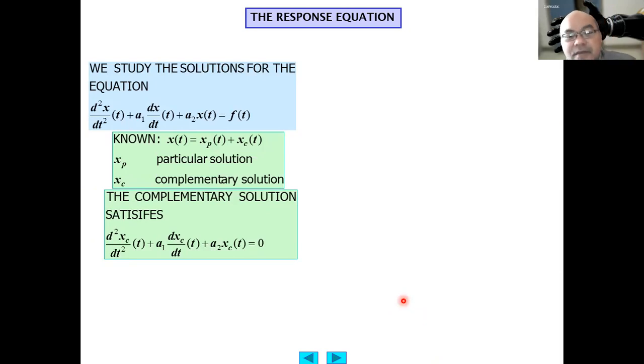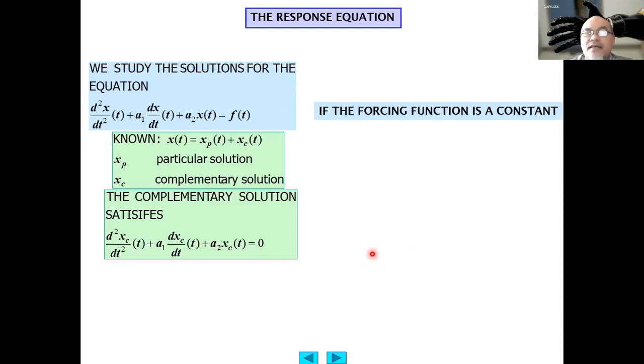So d²xc/dt² + a1 dxc/dt, c here represents complementary, plus a2 xc(t) equals 0. So the complementary solution xc(t) is the solution when f(t) equals 0, when the forcing function is 0. In other words, it is basically a homogeneous solution.